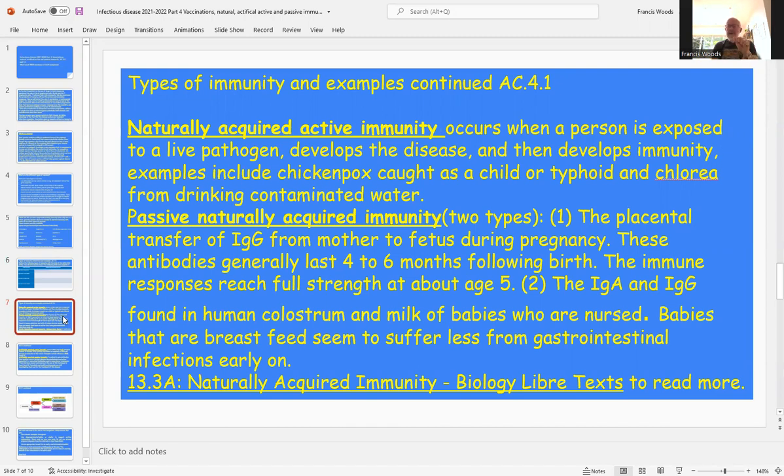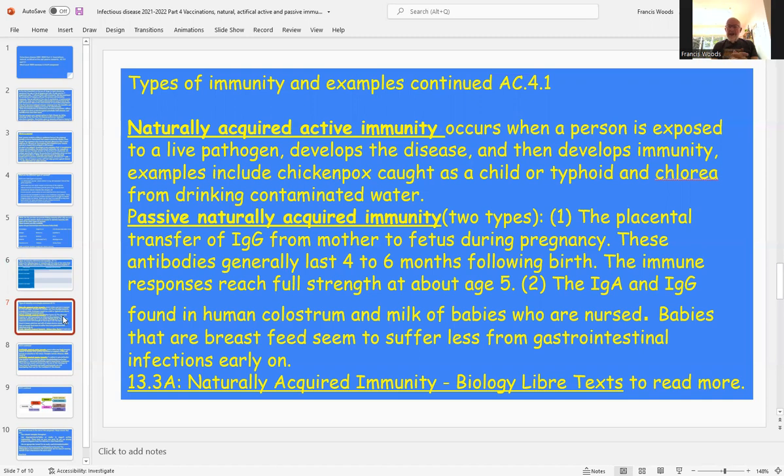So these are the antibodies, immunoglobulins, and in this case it's IgG that's actually transferred generally in the last 4 to 6 months through the placenta, so that the baby has some sort of immunity when they're born. That immunity will be in full strength by the time they're 5.